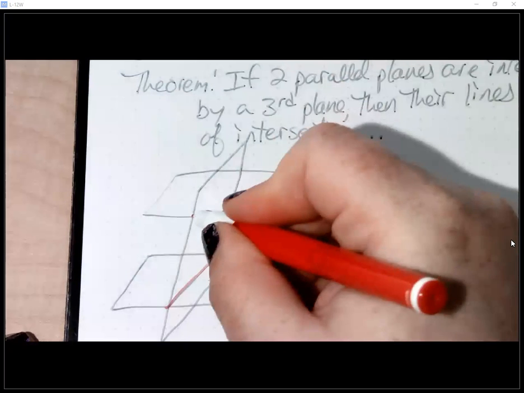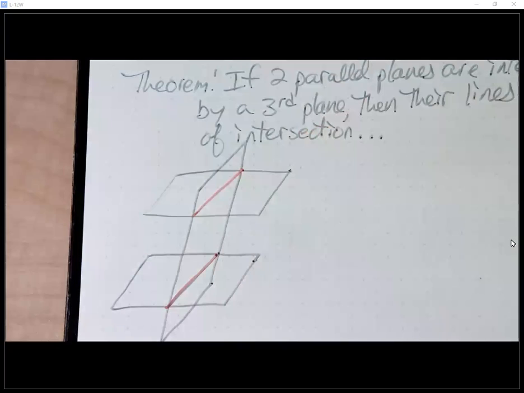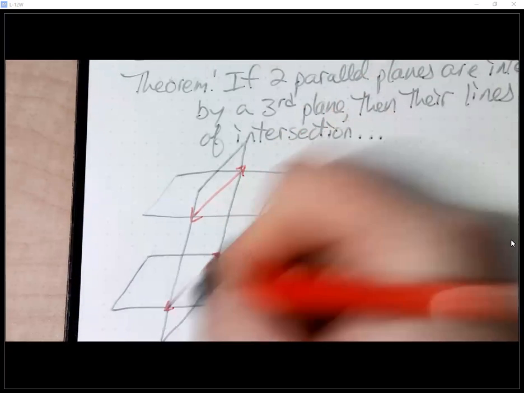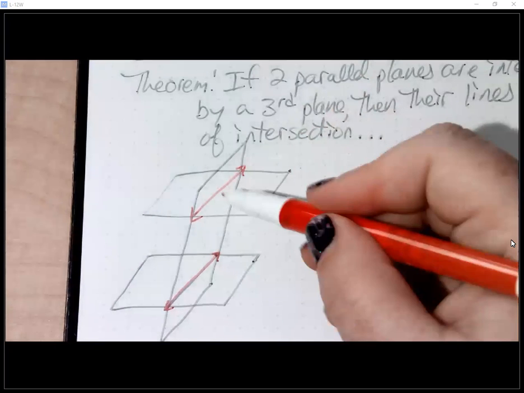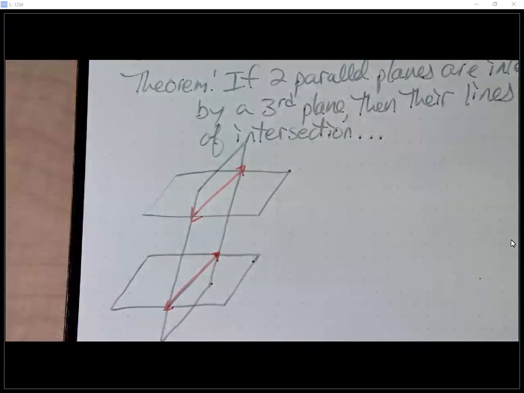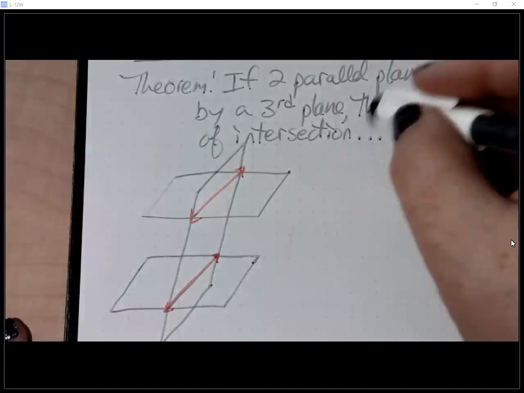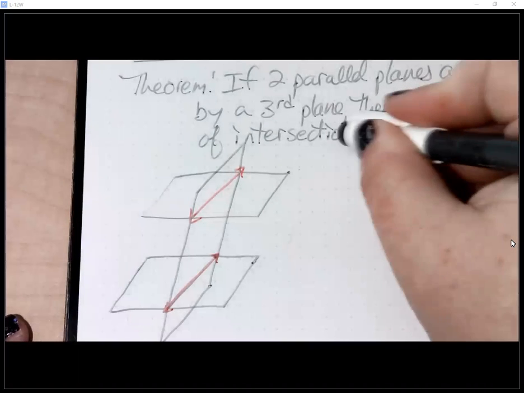Oh, that's not a bad drawing. Okay, that's all right. So these two red lines, because they go on forever, are certainly in the same plane. That vertical plane contains them, but they are going to be parallel. Yes, so let's finish that dot, dot, dot. If two parallel planes are intersected by a third plane, then their lines of intersection are parallel.